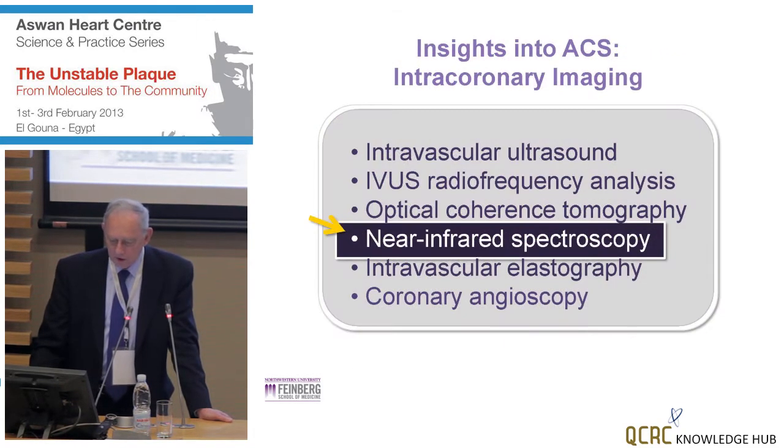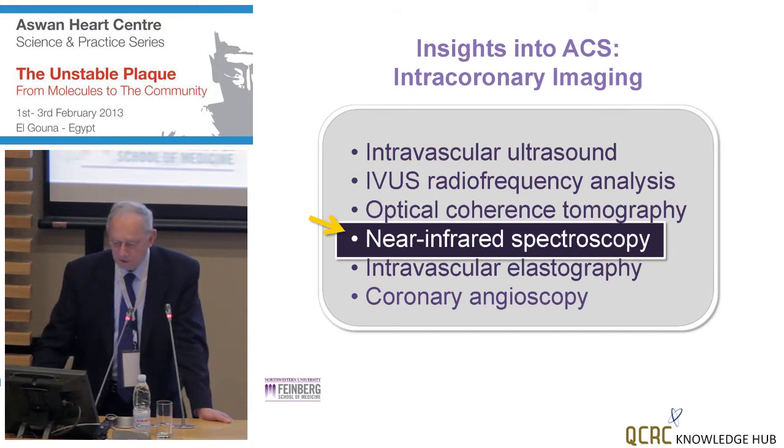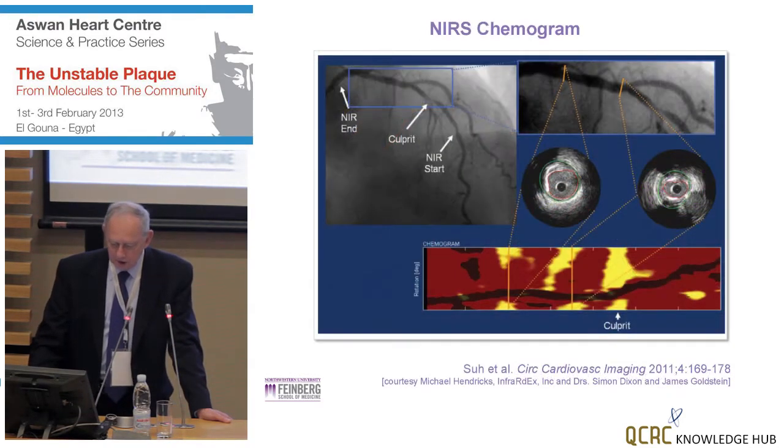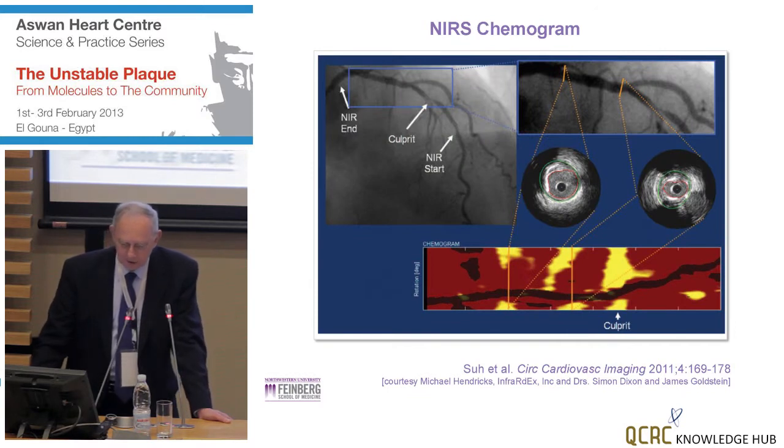Moving on, one other important area of current work is near-infrared spectroscopy, allowing one to identify inflammatory tissue. And again, I suspect Dr. DeMaria will go into greater detail with this.